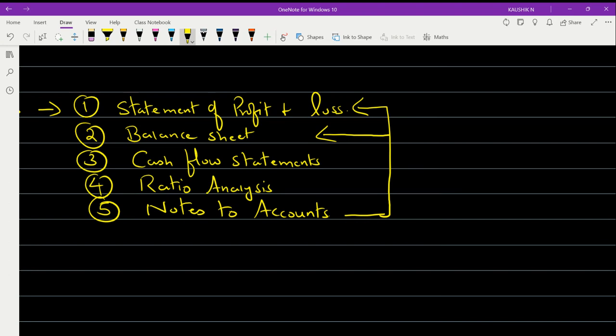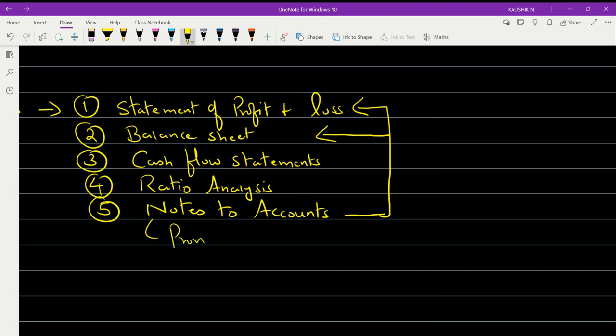It gives additional or detailed information about the contents appearing in the respective financial statement. That is the significance of notes to accounts.